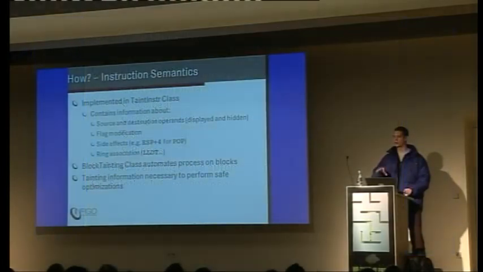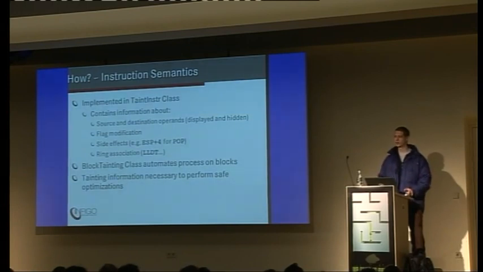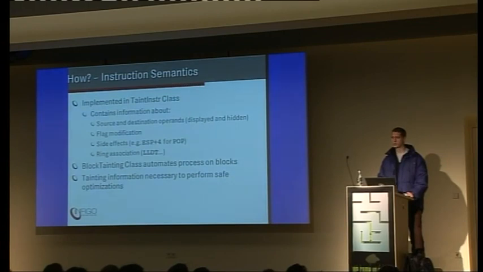So if you know you are analyzing some ring 3 rootkit, and you detect some ring 0 instructions, you can deduce this is from the obfuscator, and you can either prune this path or replace it and analyze it. And tainting information is necessary to perform safe optimizations, as I already mentioned.